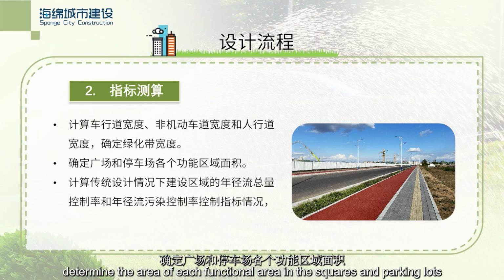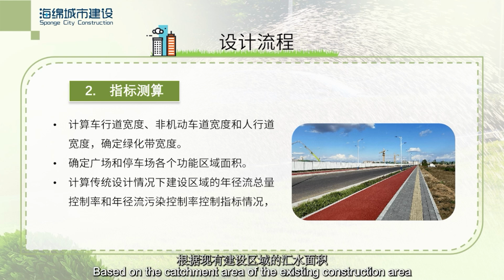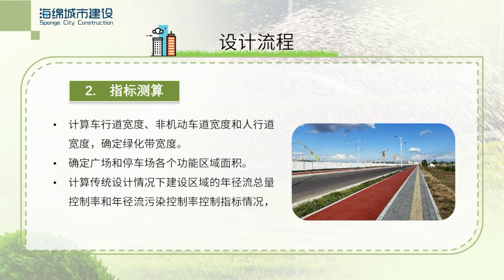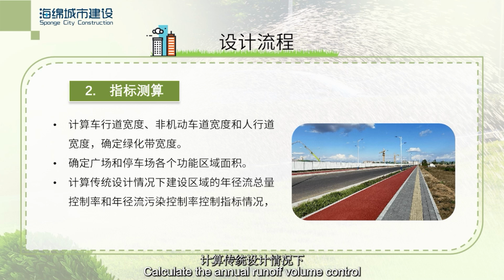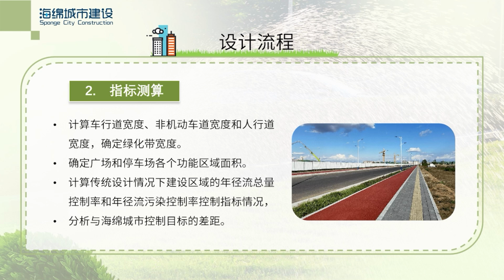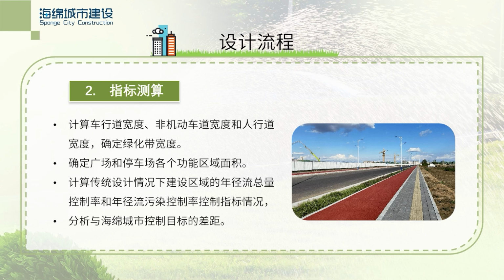Determine the area of each functional area in the squares and parking lots based on the catchment area of the existing construction area and the impermeable paving ratio of the traditional design. Calculate the annual runoff volume control rate and annual runoff pollution control rate under traditional design conditions, and analyze the gap with the Sponge City control targets.